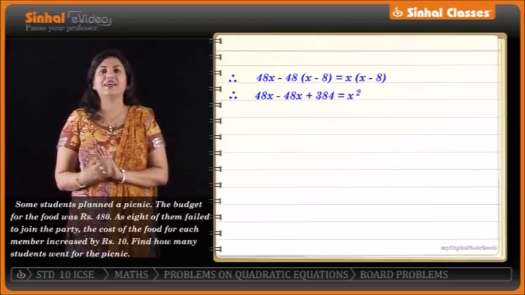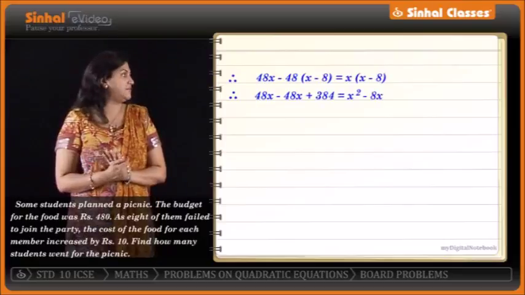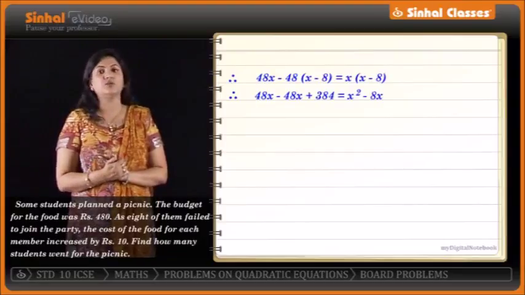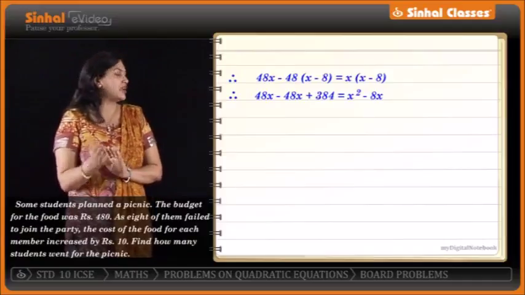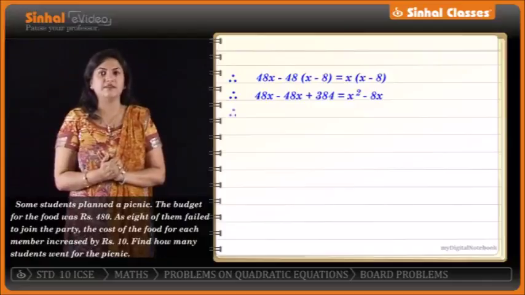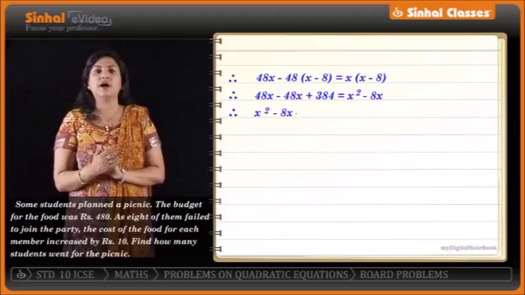Minus 48 into minus 8 gives us 384, which is equal to x square minus 8x. Now take all the terms on one side. We have x square minus 8x minus 384 is equal to 0.